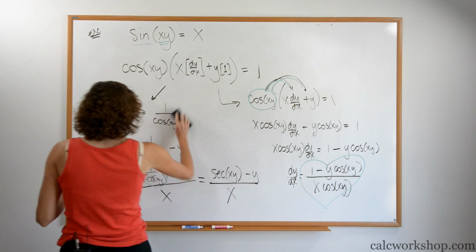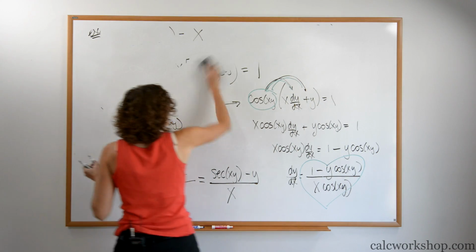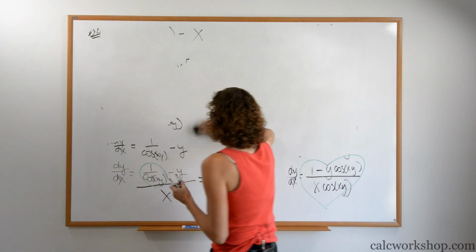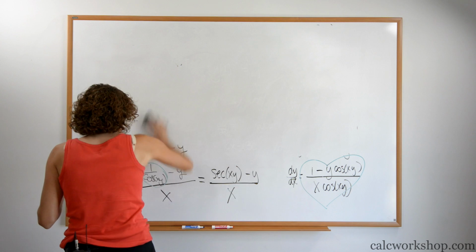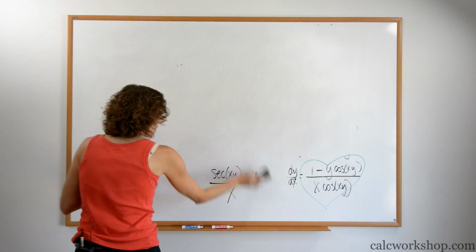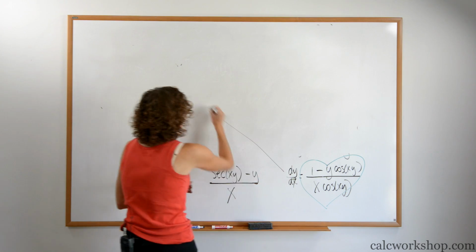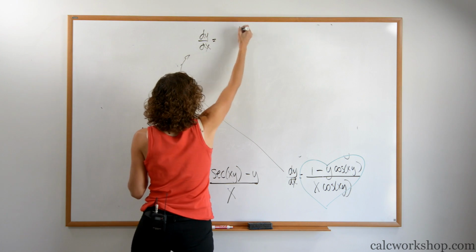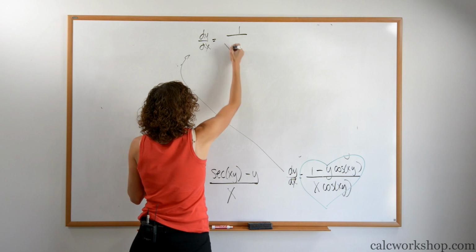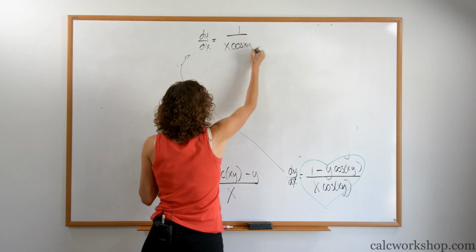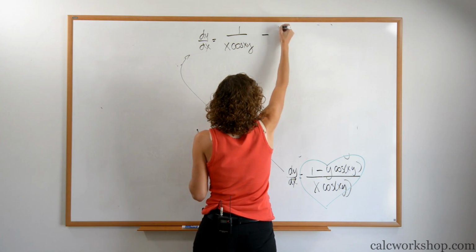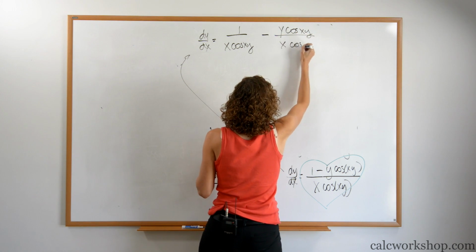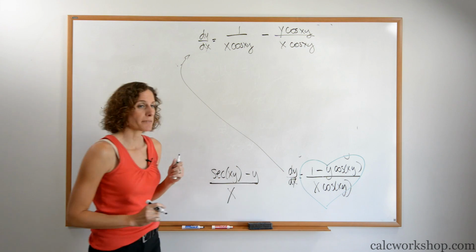So if I do that, and I erase up here so we can put some more work, let's see what happens. What we have is dy/dx equals 1 over x cosine xy minus y cosine xy over x cosine xy.